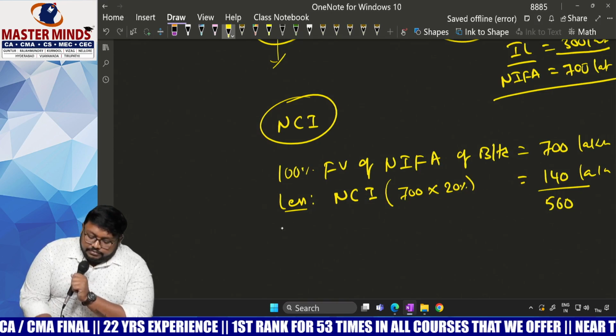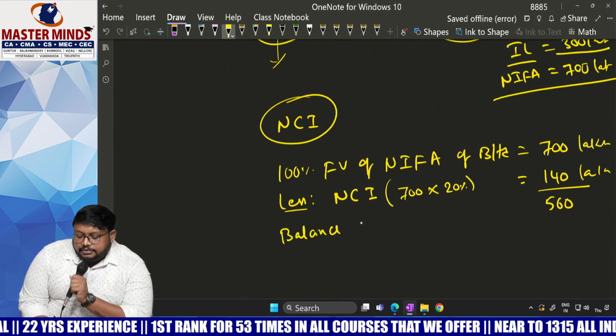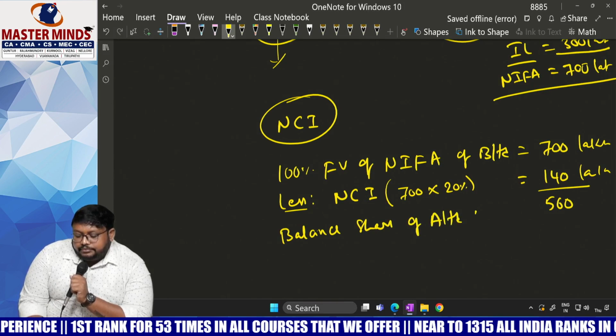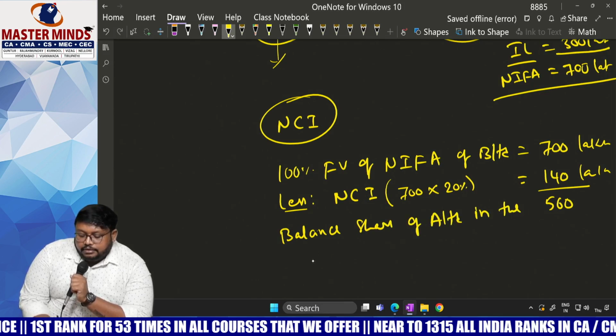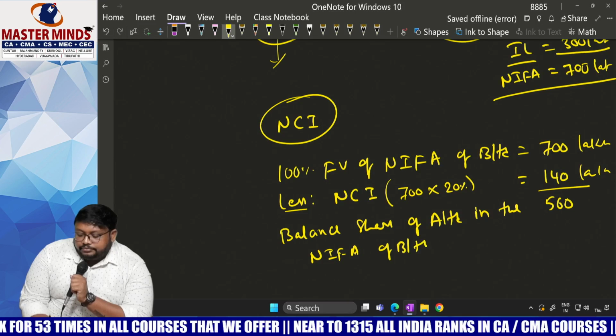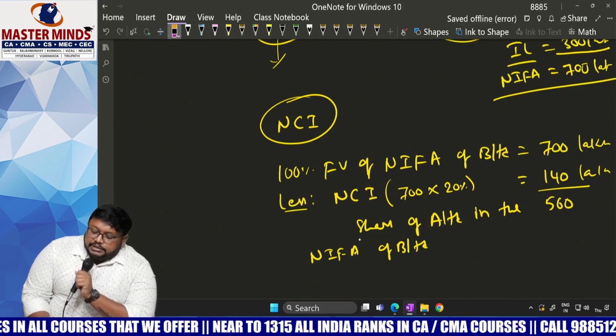So here, the share of A Limited in the net identifiable assets of B Limited. No need to write balance, simply share of A Limited.